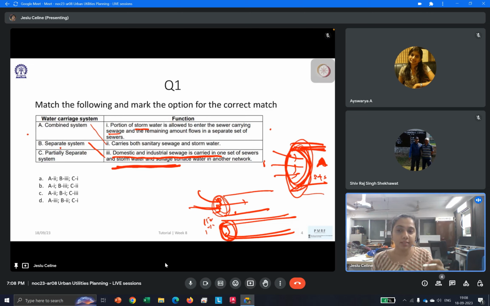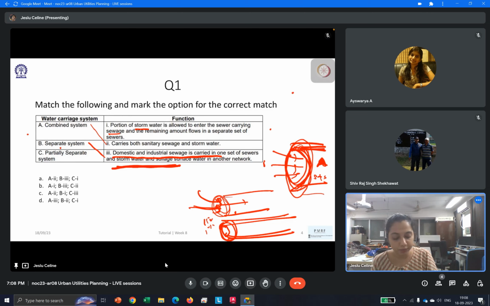But in certain situations, when the rainfall is of adequate quantity, a combined system is always preferred, because of the self-cleansing velocity of the sewer, which we discussed in our lecture, which means the cleansing power of that sewer will automatically come from the stormwater. Because there is stormwater in it, there is always continuous movement.